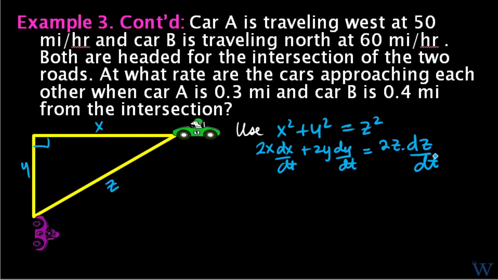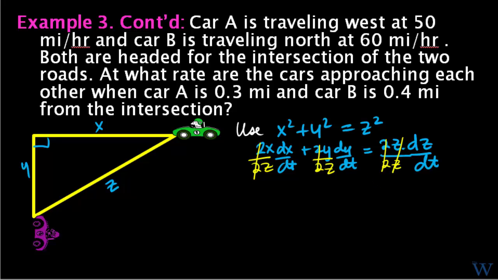Now to solve for dz by dt, we divide everything by 2z, which cancels out the 2's.